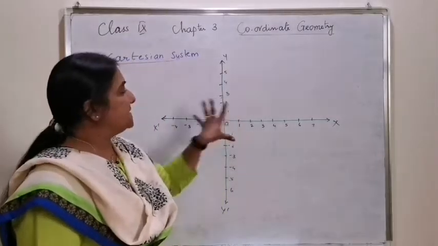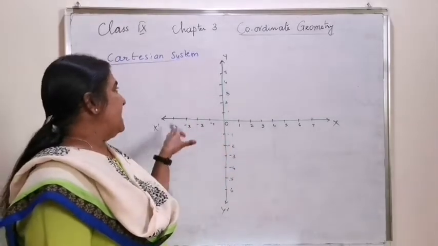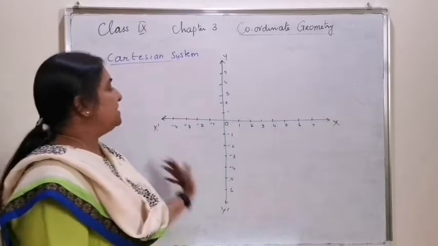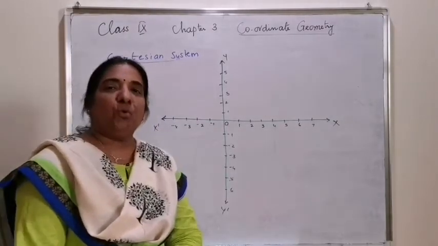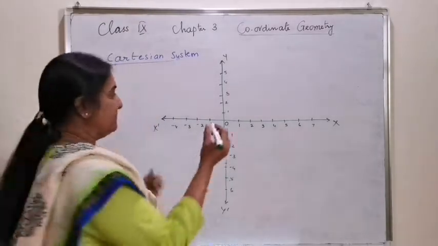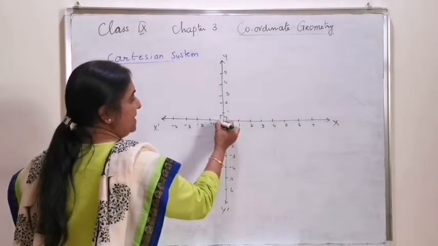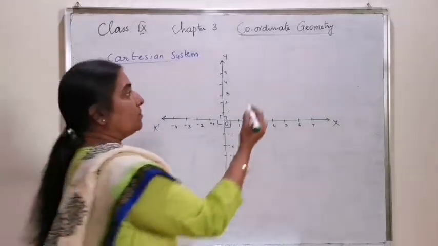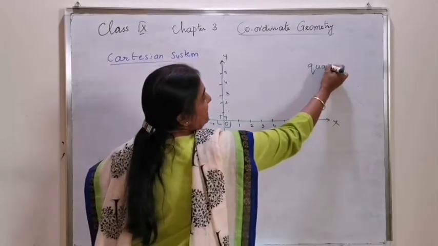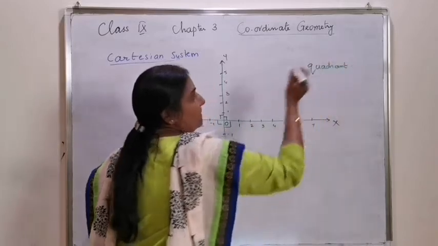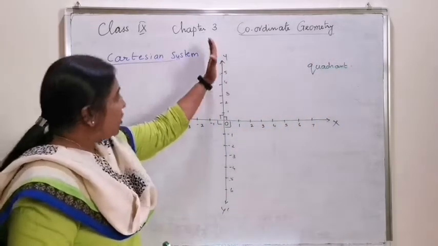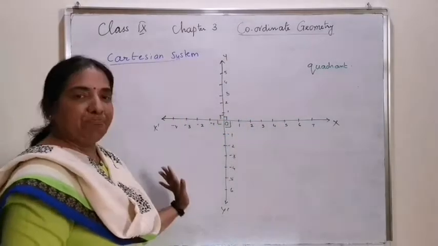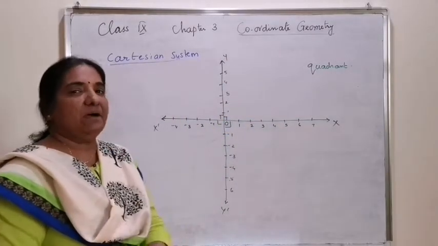This coordinate system x o x dash and y o y dash divides the Cartesian plane into 4 parts. Since they are perpendicular, we call each part a quadrant. That means the coordinate system divides the Cartesian plane into 4 parts.